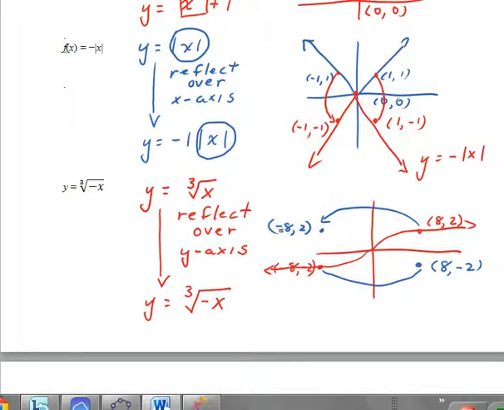So the curve will now be in the second and fourth quadrants instead of the first and third quadrants. So the blue curve is y equals the cube root of the opposite of x.